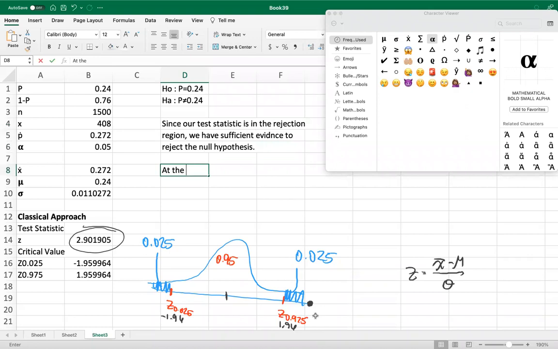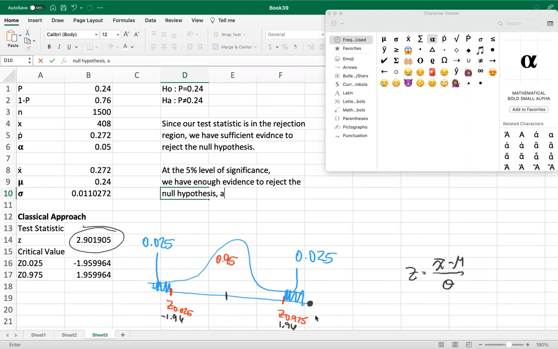So at the 5% level of significance, we have enough evidence to reject the null hypothesis and accept the alternative.